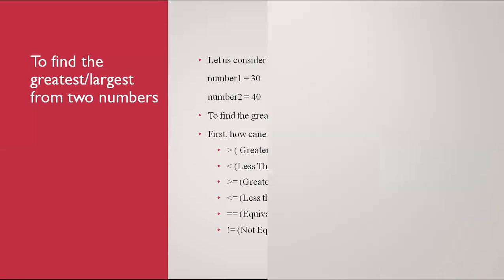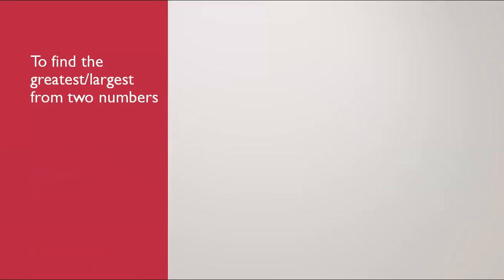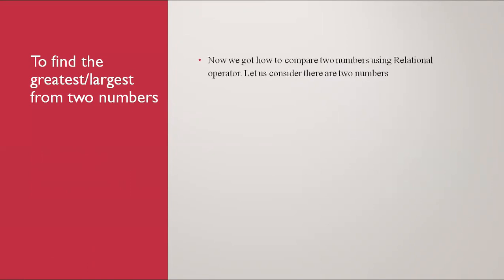So now let's do it mathematically, and then we're going to write a pseudocode, or maybe we can say a logic, and then put the same into the programming as well. Now we know how to compare two numbers using relational operators.